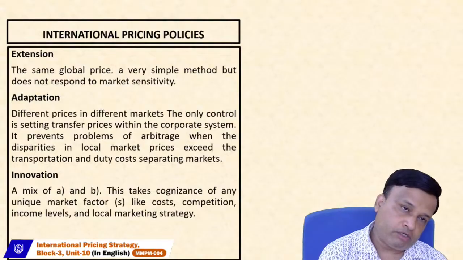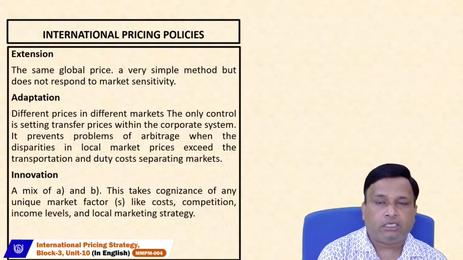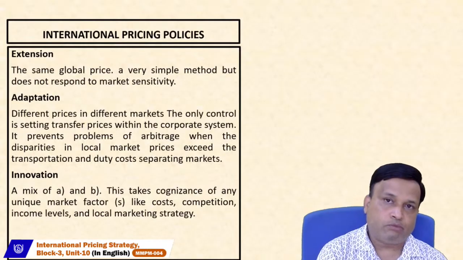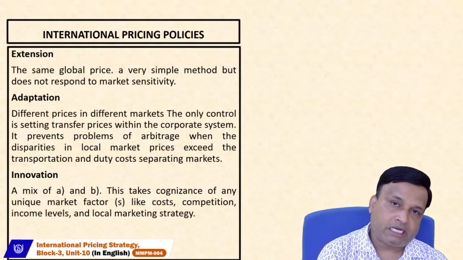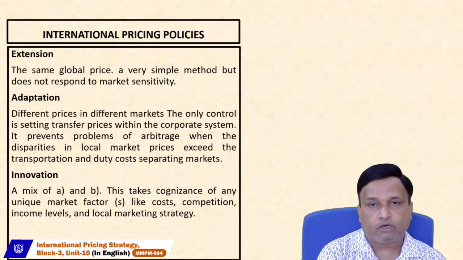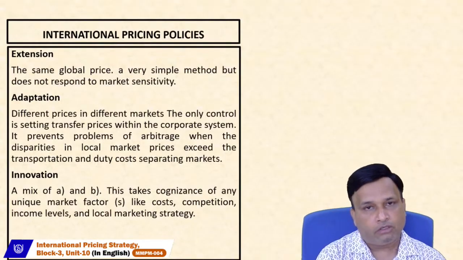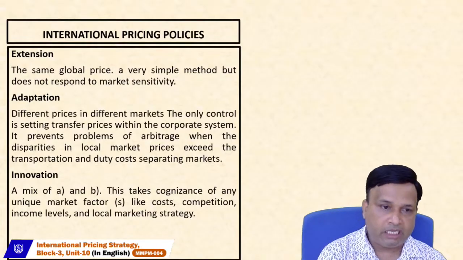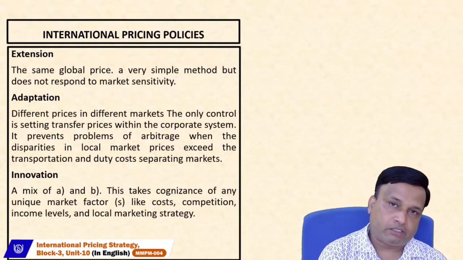You can introduce that product, but with a different price mechanism altogether. If it is the same product, you cannot afford to launch it at a low price. If it is a low-priced product, you are going for a new pricing altogether. You are bringing innovation as far as your pricing is concerned.